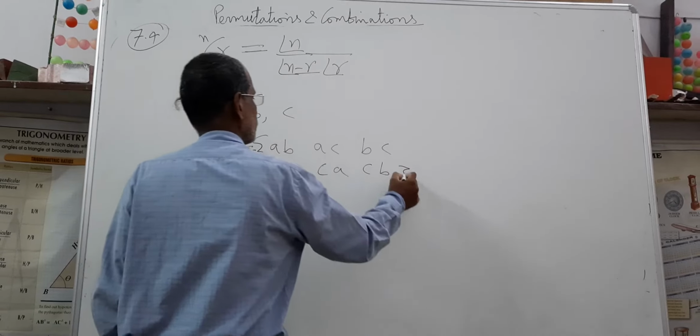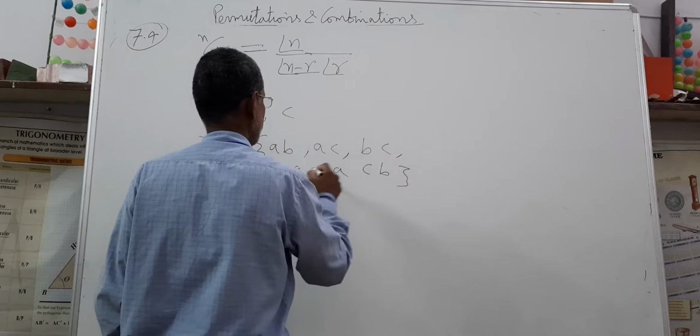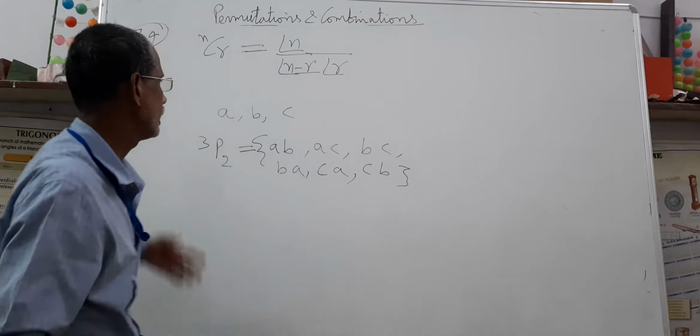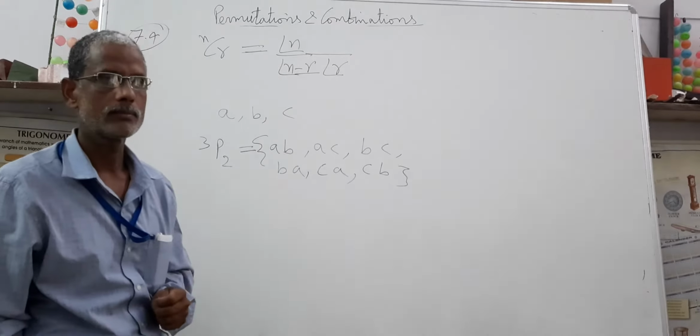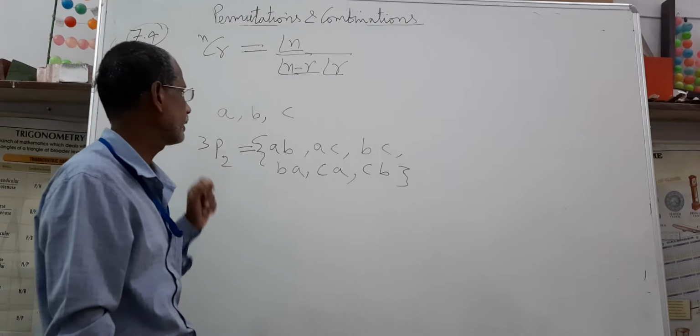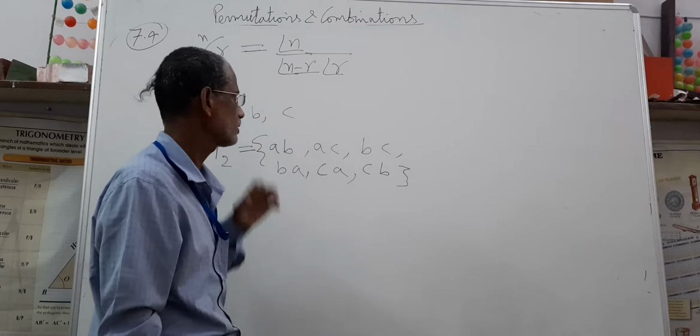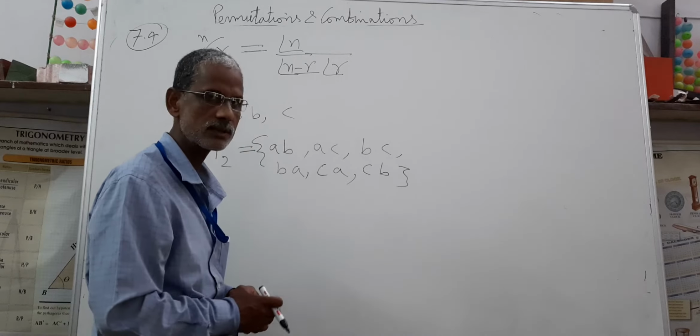All these are possible arrangements of ABC taken 2 at a time. The total number of arrangements becomes 6. 3P2 is 6.